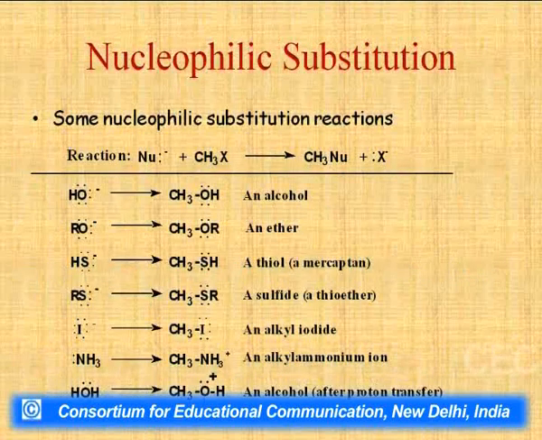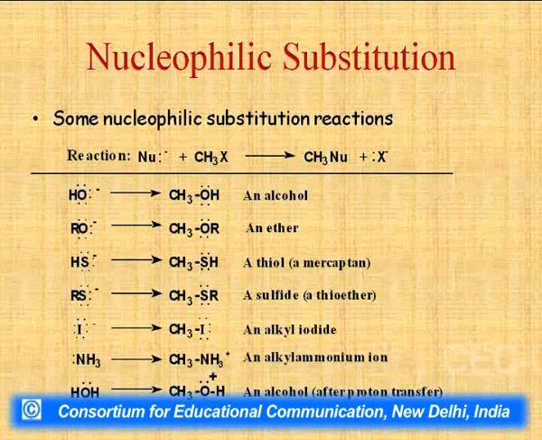Here are some nucleophilic substitution reactions. The main reaction is when a nucleophile attacks a methyl halide to give the methyl compound with the nucleophile, meaning the nucleophile has substituted the halide ion. You can see in the slide that when the nucleophile is hydroxyl ion, we get the product alcohol.